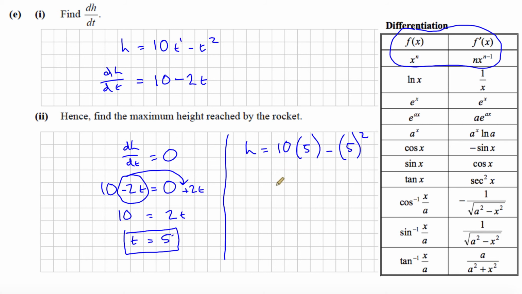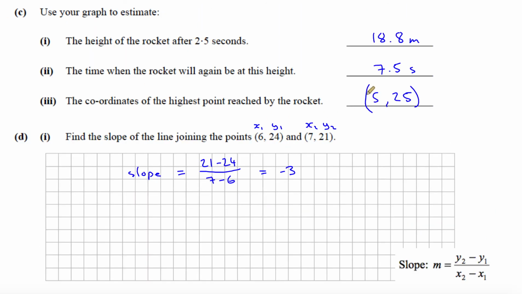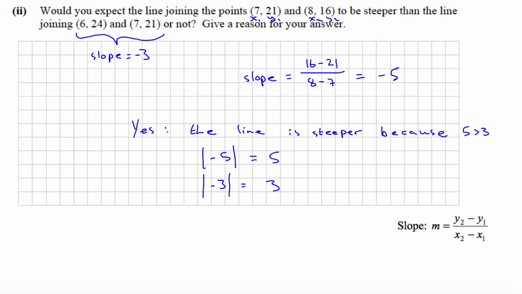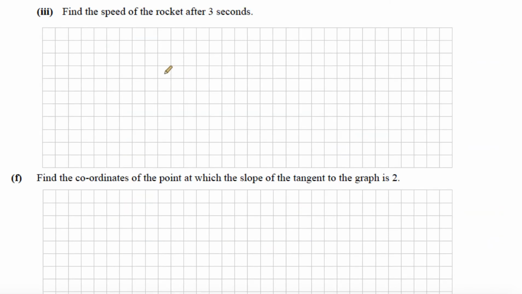Substituting that in here, that gives me 50 minus 25, which is just 25. So the maximum height is 25 meters. And this is in line with our maximum point being (5, 25) from the previous question here. And it matches the graph.